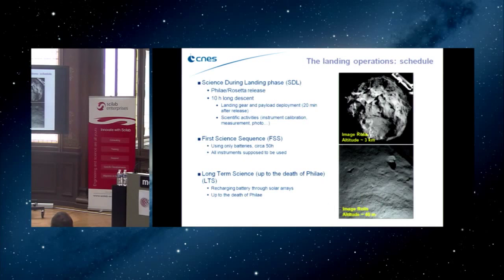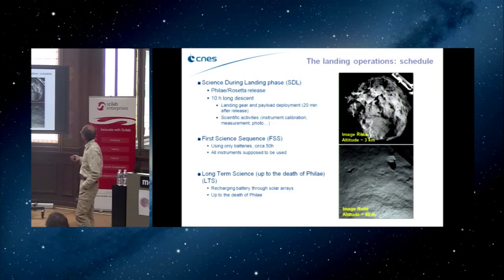So the operation for the landing was divided in several phases. We had the separation, descent and landing. During this phase, that lasted about 10 hours, Philae was released from the Rosetta satellite.